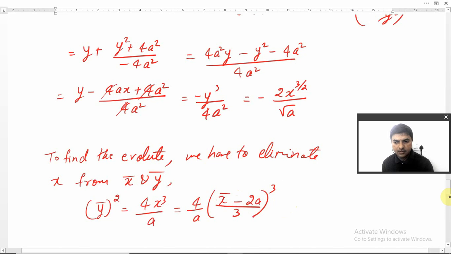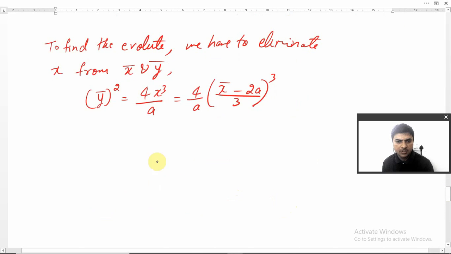If you simplify this, friends, simplification is easy. Take the cube and this will become 27a. I will take 27a on this side, so this will be 27a y bar square is equal to 4 x bar minus 2a cube.